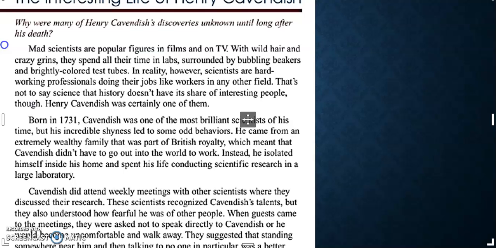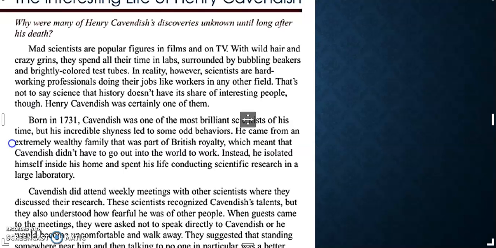Mad scientists are popular figures in films and on TV. They spend all their time in labs surrounded by bubbling big beakers and brightly colored test tubes. If you see the prototype of a scientist, it is like this, right?